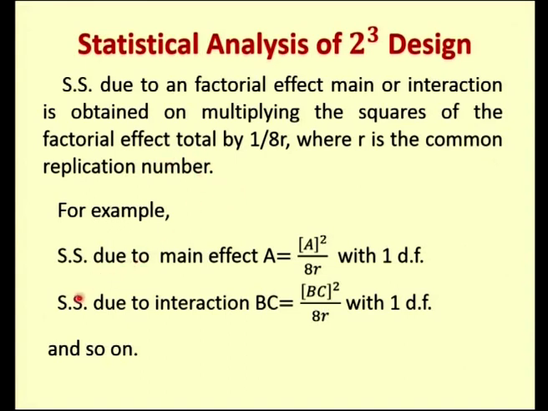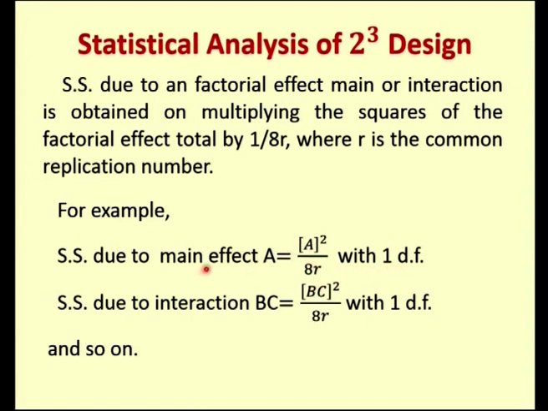So, for example, the sum of squares due to main effect A is equal to the factorial total, denoted by A within square brackets, squared and divided by 8r, and it will have 1 degree of freedom.